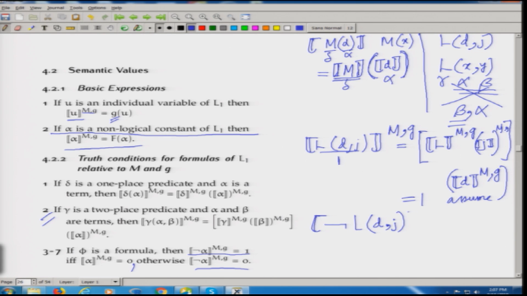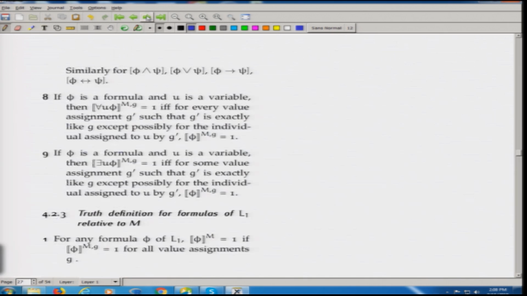With respect to m and g, it will be 0, because this changes the truth value. A very important thing we need to understand all the time is that negation always changes the truth value. If the truth value is 1, it becomes 0 when you apply the negation, and if it is 0, it becomes 1. Okay, so we go to the next page.